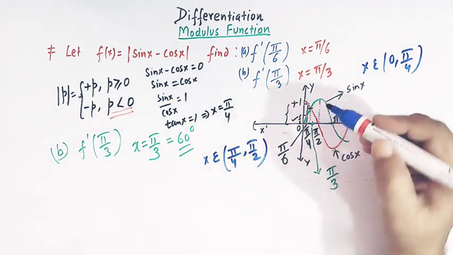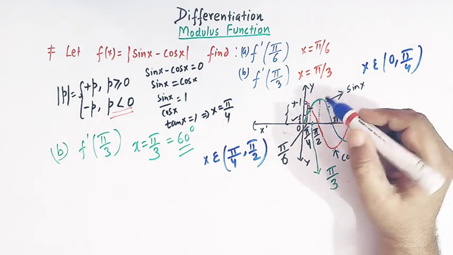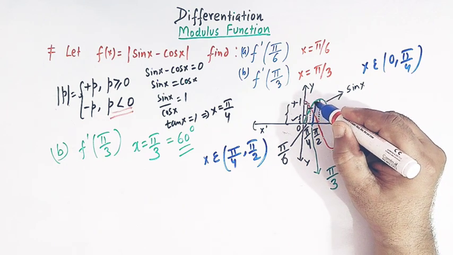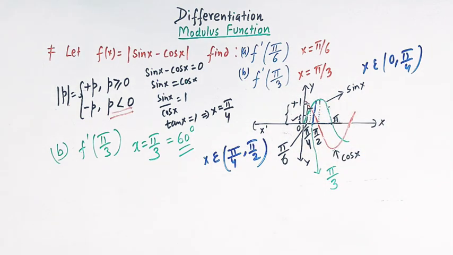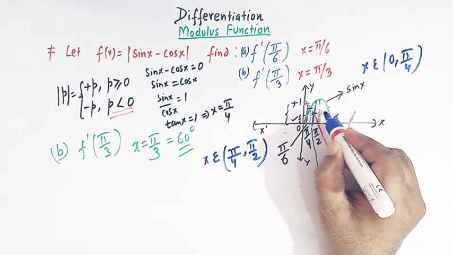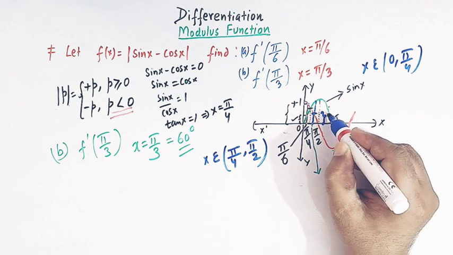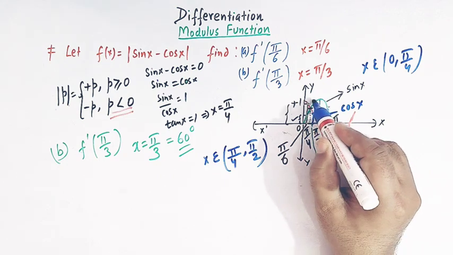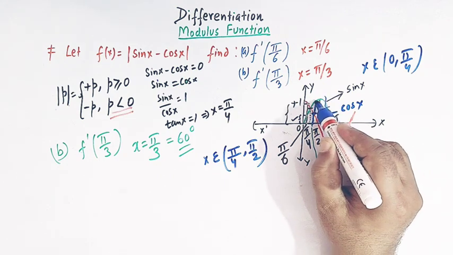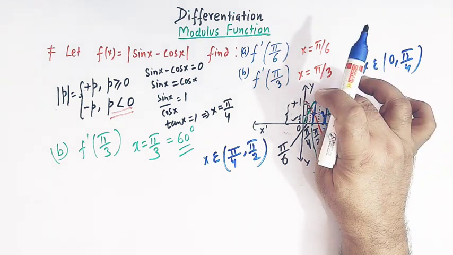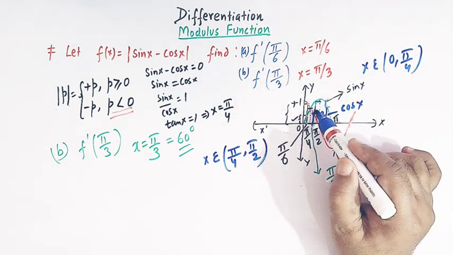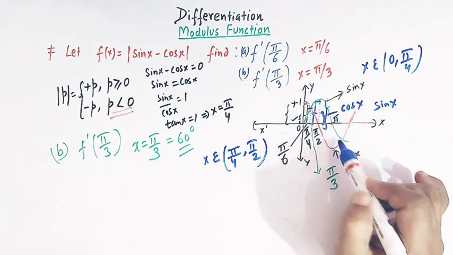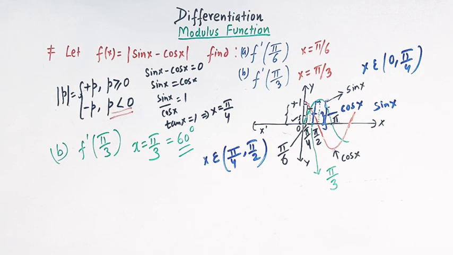So when we take this interval, and here we have the point pi by 3, and if we draw a line like this, and if we increase this line to this curve, that is the green curve, then we can see that this value is representing the value of cos x, and this one represents the value of sine x, because the green curve is for sine x.